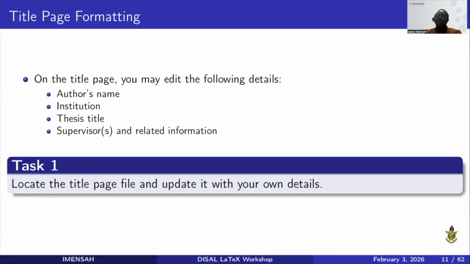But right now, we want to edit our title page. The title page usually displays the name. It displays the title of your thesis and what have you. So we would have the author's name, institution, thesis, supervisors, images, maybe a logo of your institution, and so on. So our very first task, we would want to go back to the template on Overleaf, look for the title page and update it with our own details.